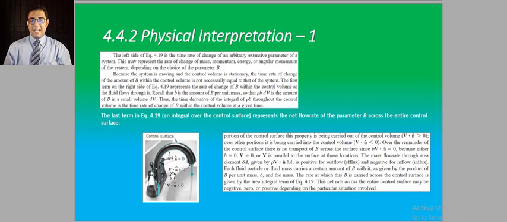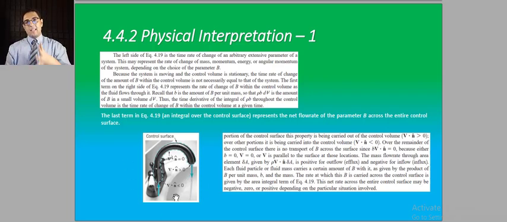Once again, in the same concept, we can have the example of this control surface. When you go to the bathroom, you can use this element.